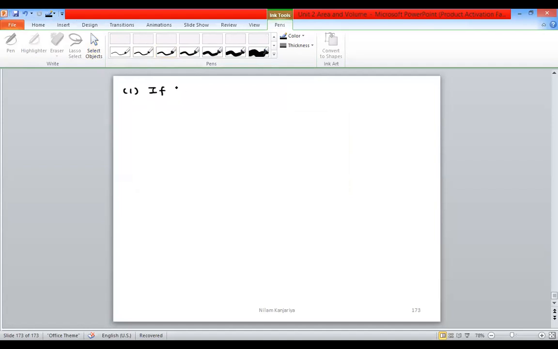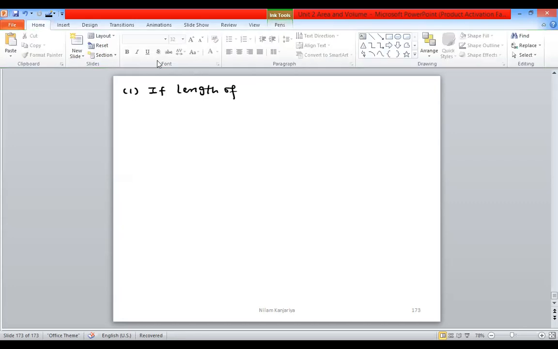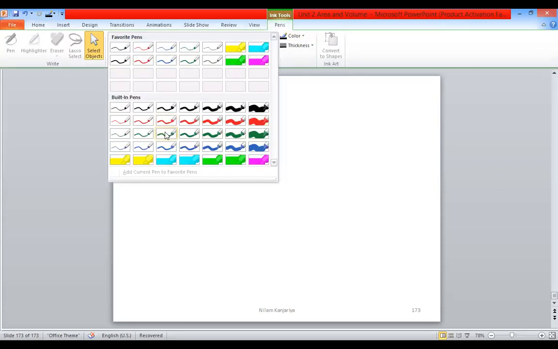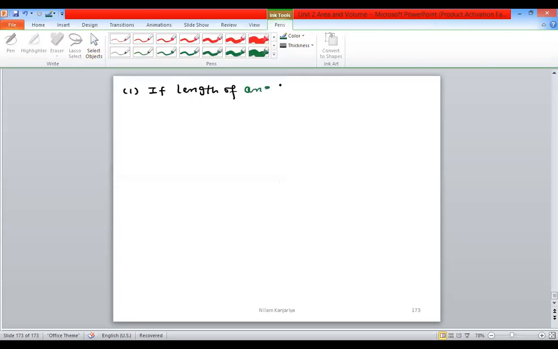If the length of one side of a cube is 4 centimeters, then find the surface area and volume.